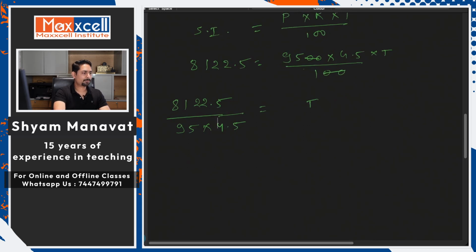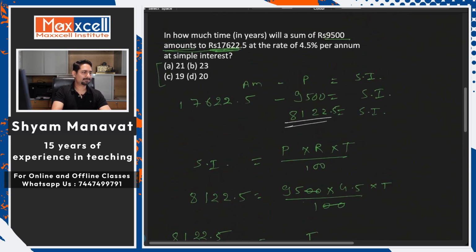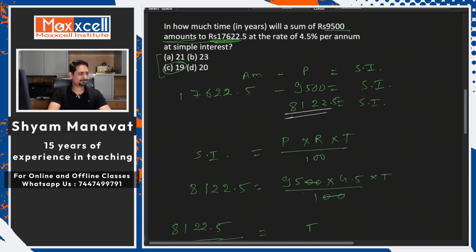If you simplify, what will you get? 8122.5 divided by 95 into 4.5, both of them together. Okay, so you will get 19 as the answer, correct? The time is 19 years here.